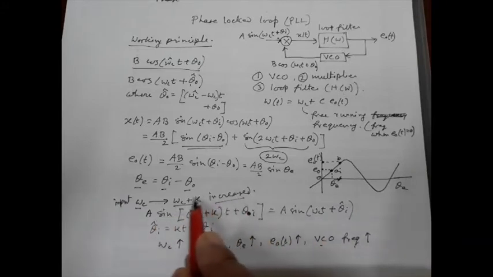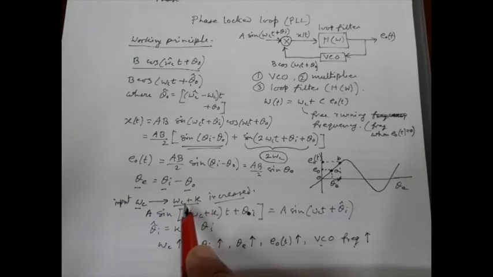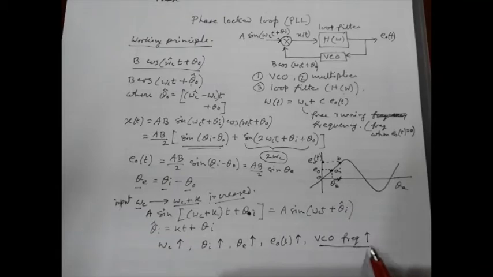That means the VCO will be again locked. So whatever change takes place in the input frequency, the same change will take place in the VCO frequency as well, to get the signal again locked.